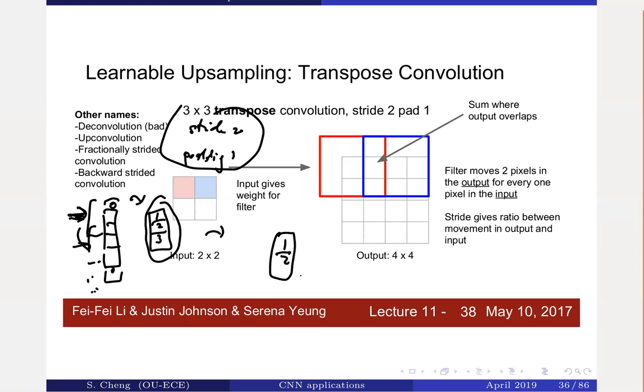If I go back and have the transpose convolution here, what will be the output? This is the kernel. This is the input. Let's say 1, 2 here.